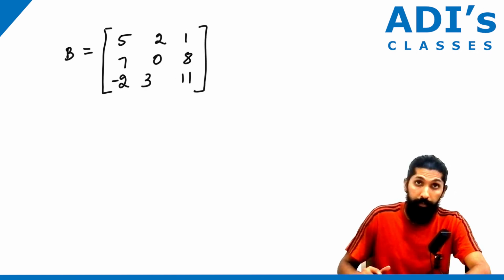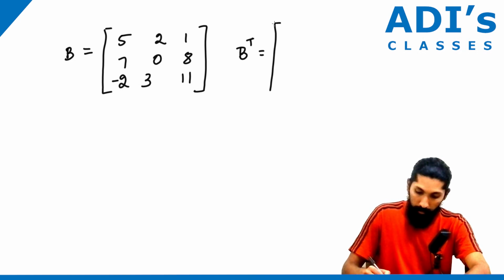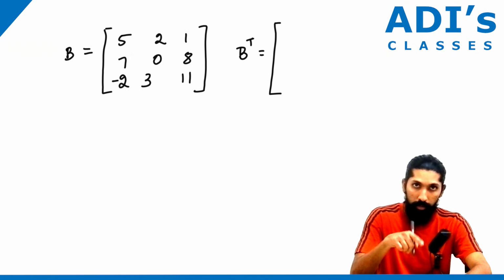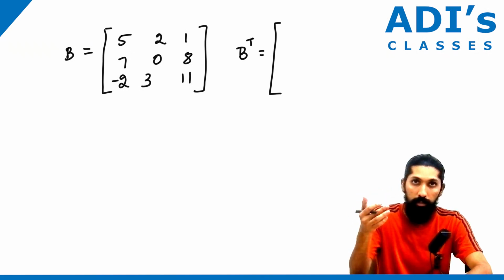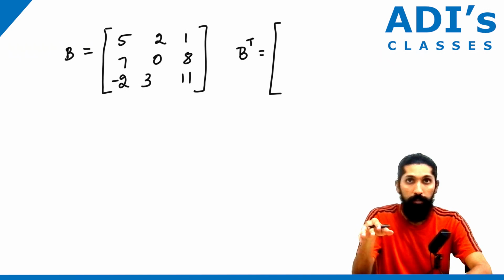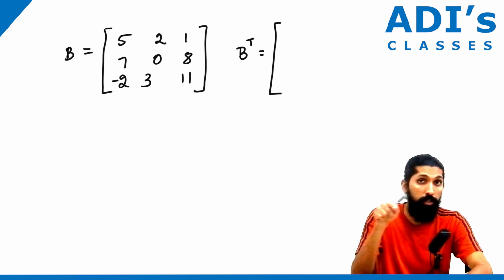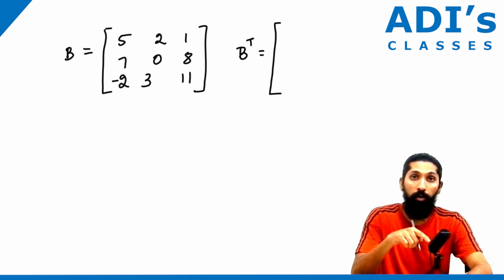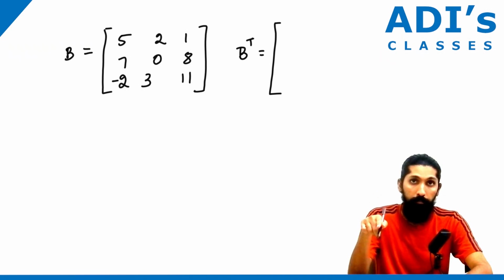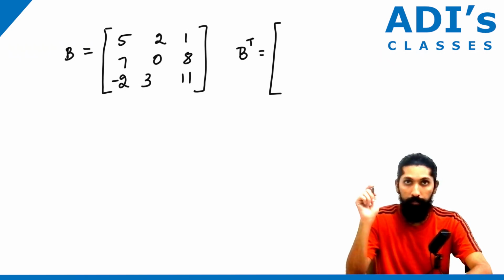Say this is matrix B. Now when you do B transpose, again, 3 cross 3, when you transpose, it's going to be 3 cross 3 itself. So what we can conclude from this is, if you have a square matrix, then the transpose of a square matrix is also a square matrix. That means when you are taking some matrix of the order m cross m, then even the transpose will also have the same order m cross m.